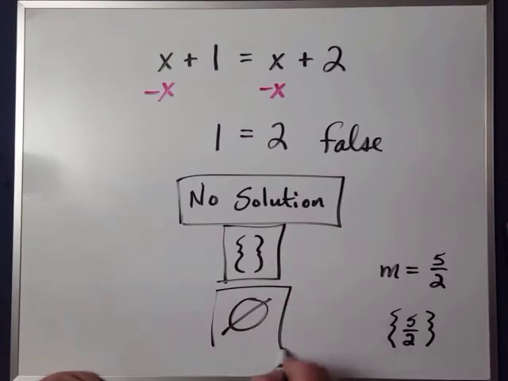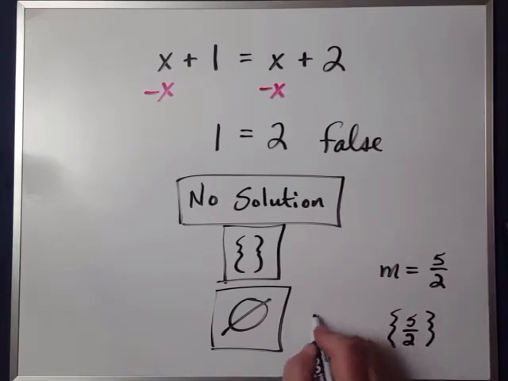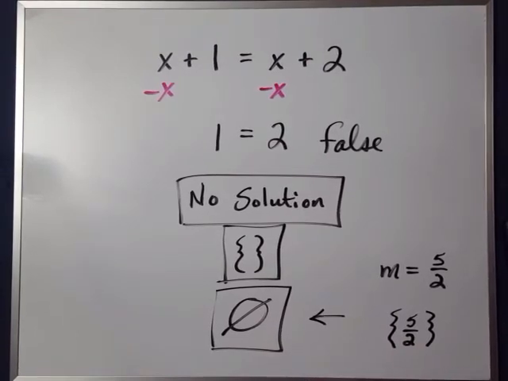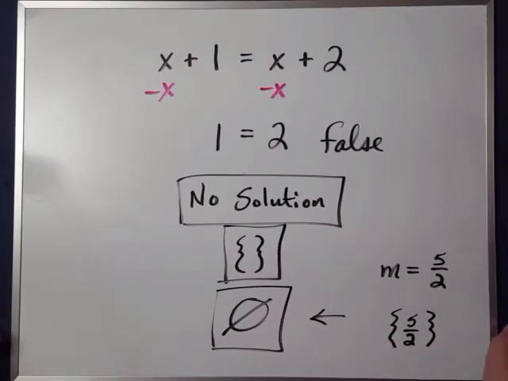And this is the symbol that she will use in this textbook to indicate an empty solution set. In other words, that there is no solution. I will take any of these on a quiz or a test. When you look it up in the back, you're going to see this Ghostbuster looking symbol. An equation with no solution. All right.